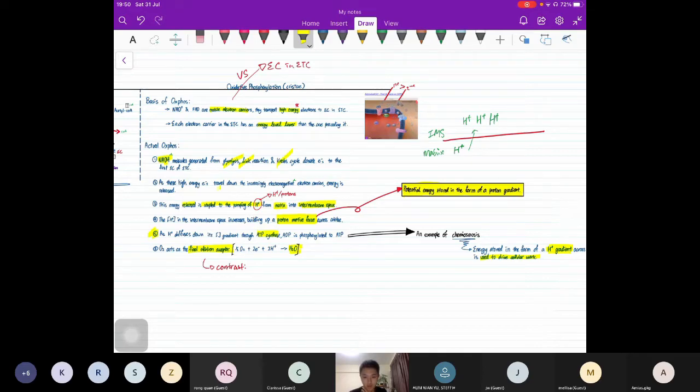Substrate level phosphorylation only occurs if there is a reaction that releases sufficient energy to allow the direct phosphorylation of ADP. Oxidative phosphorylation is when ATP is generated from the oxidation of NADH and FADH2 and the subsequent transfer of electrons and pumping of protons.